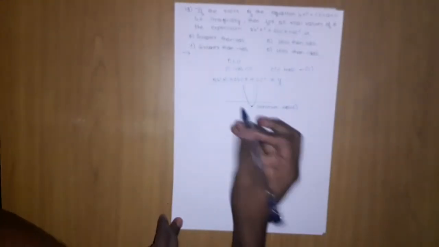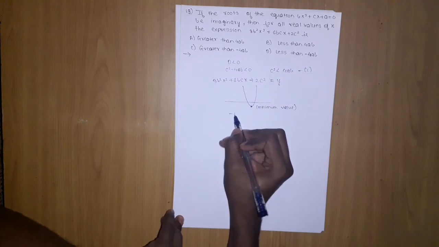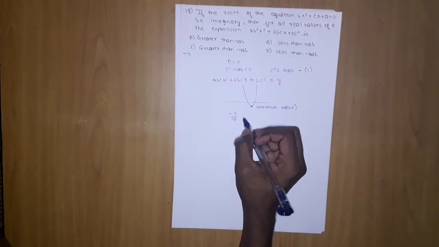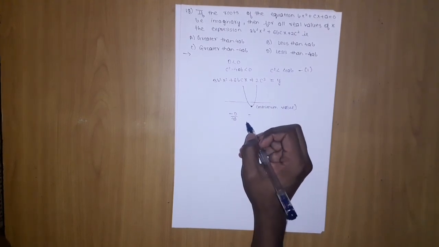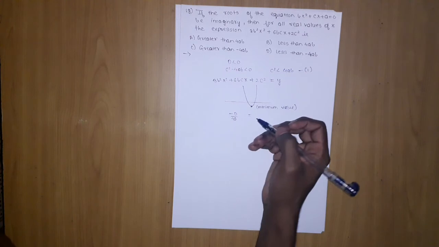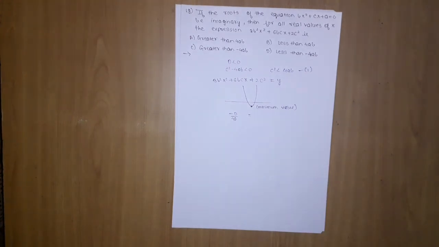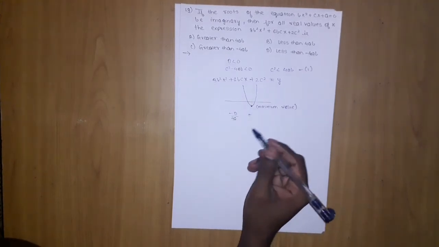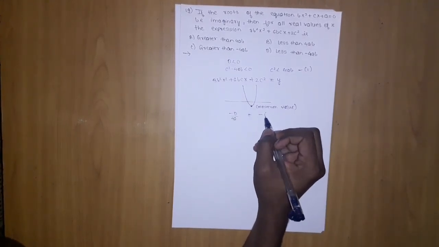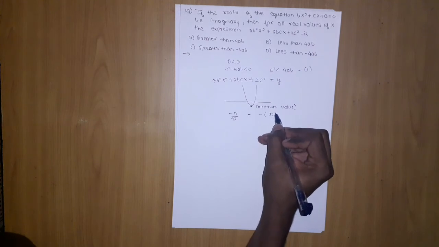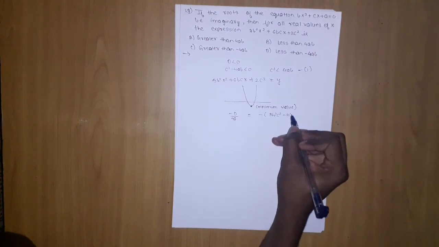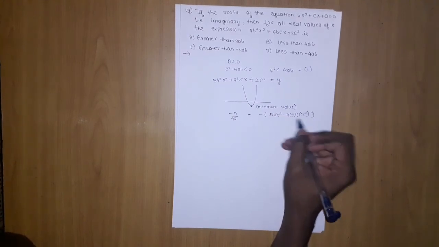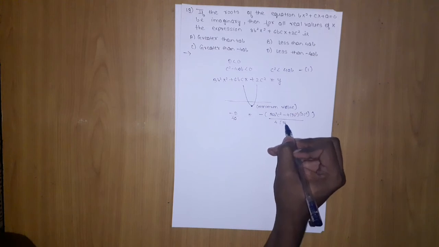In the previous problem we talked about this, so we will calculate minus D upon 4a, which is greater than 0. The D value will be 36 b square c square minus 4 into 3b square into 2c square, upon 4 into 3b square.